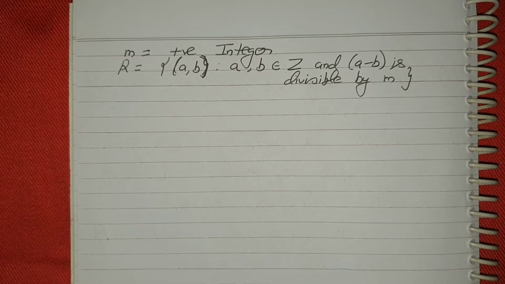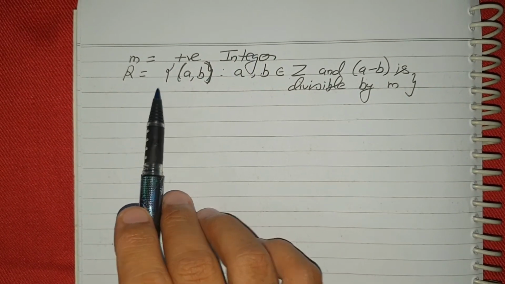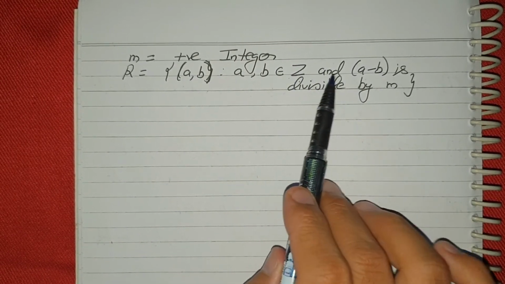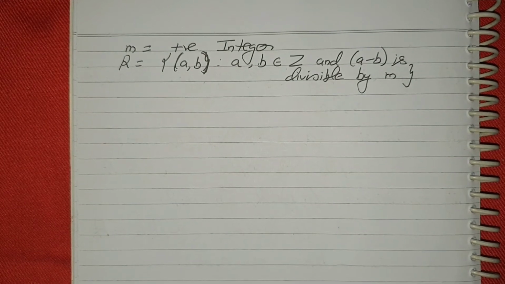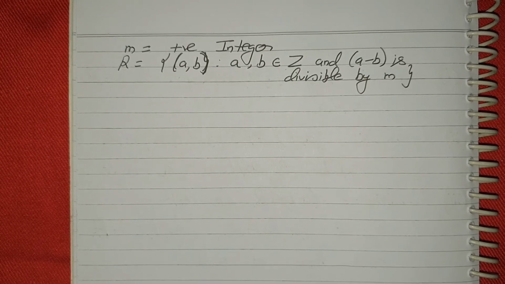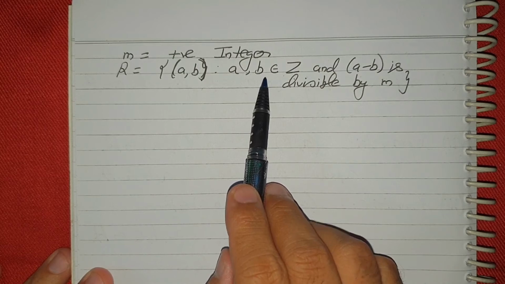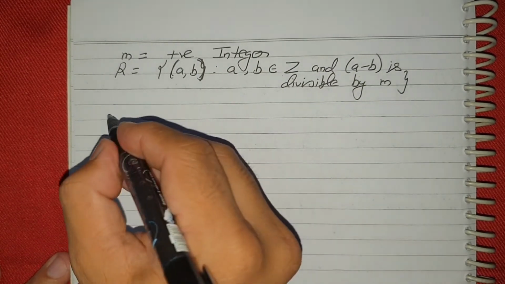Suppose m is a positive integer and R is a relation (A, B) where A, B belong to integers and A minus B is divisible by m. Now we will show that R is an equivalence relation on Z.